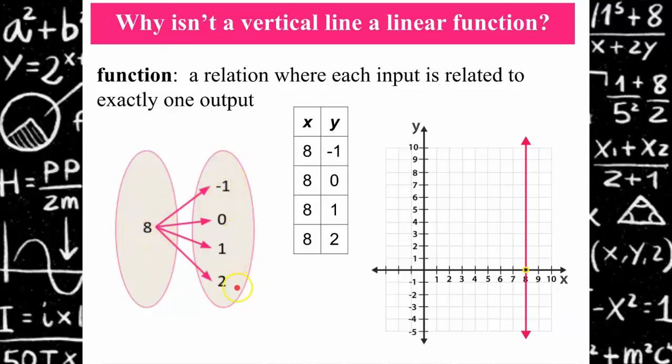There are an infinite amount of outputs. These are just four particular outputs for this function, for this line. But there are more that could go into this set of outputs. There is nothing else that will go into this set of inputs. And so because the input 8 maps to more than one output, it is not a function. So it indeed is a line, but it's not a linear function.